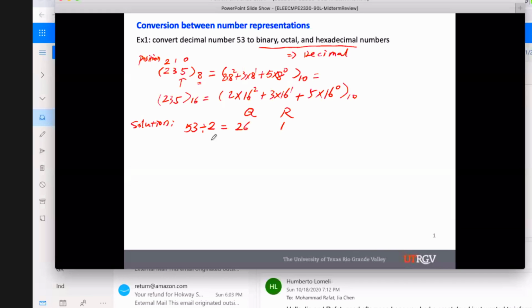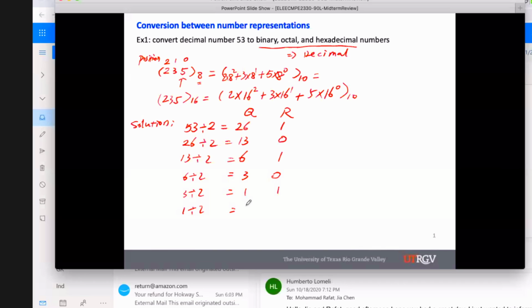You keep dividing the current quotient by 2, getting a new quotient and a new remainder. Then 13 over 2 is 6, remainder 1. 6 over 2, quotient is 3, remainder is 0. 3 over 2, the quotient is 1, remainder is 1. Then 1 over 2, quotient is 0, remainder 1.